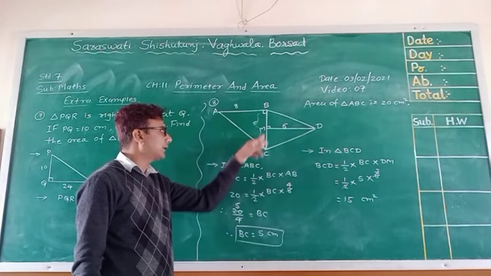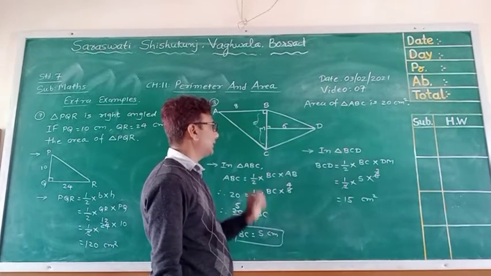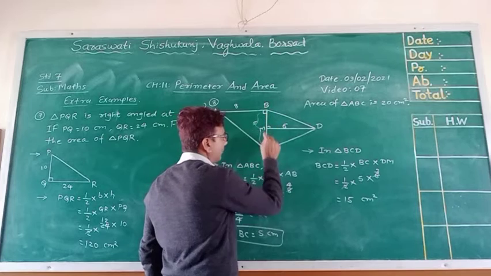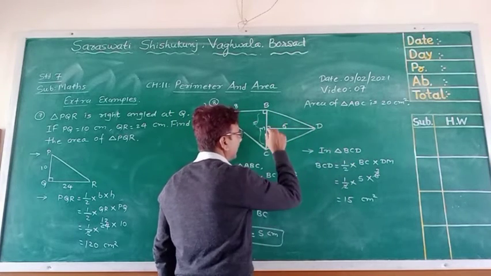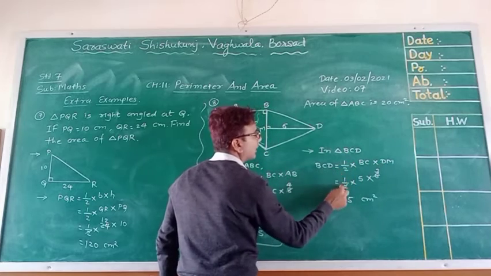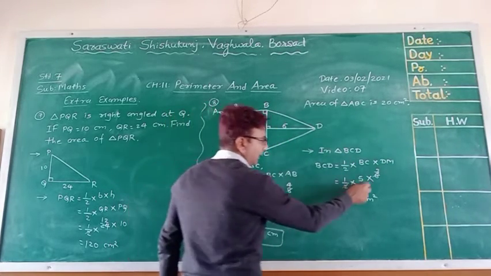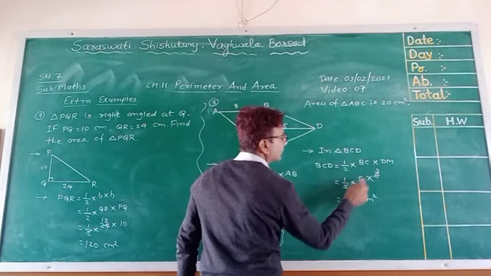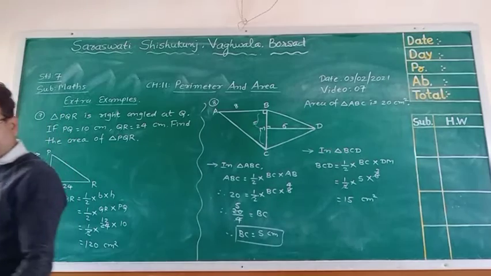BC is 5 cm. Now we will take triangle BCD: 1/2 base multiply height. So base means BC, height means DM. 1/2, the BC measurement we found is 5, and DM is 6. 2 threes are 6, 5 threes are 15 centimeter square. Is it clear?